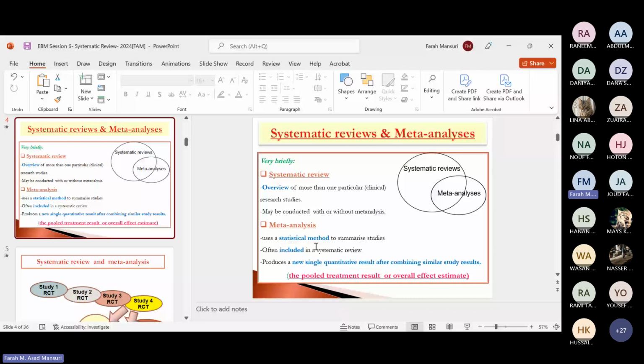But for all practical purposes, some systematic reviews are done without meta-analyses, and some are done with meta-analyses. Usually we apply meta-analyses in a systematic review article.